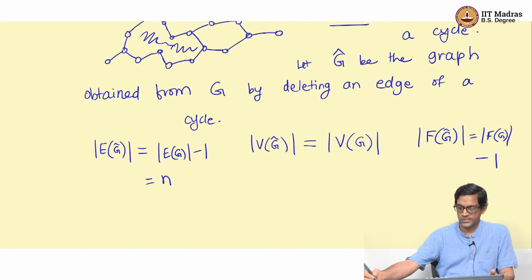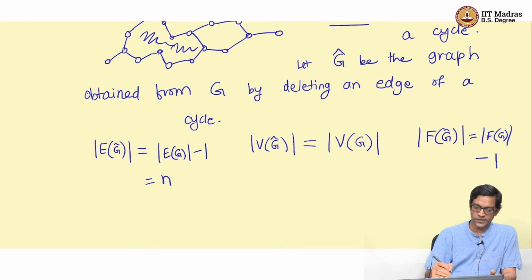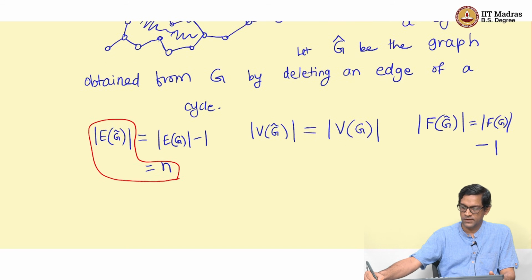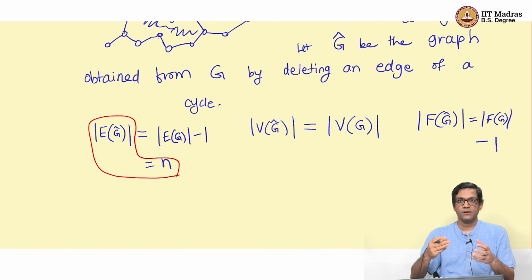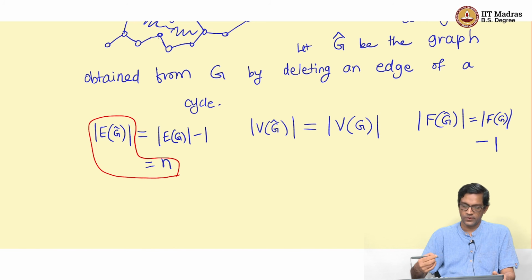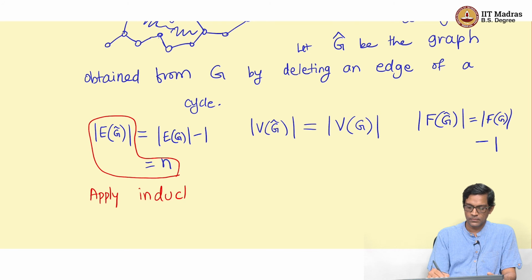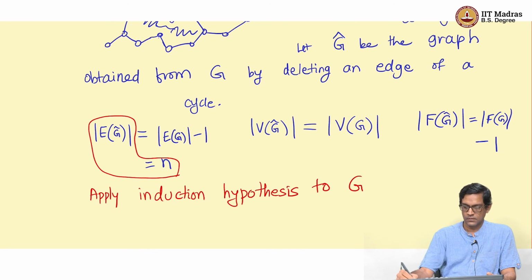Okay, so now in a sense we are ready to apply the induction, because G hat has only n edges, so you can apply the induction hypothesis. And if you observe, G hat and G, how do they differ? They have the same number of vertices, one less edge and one less face. Okay, so now apply the induction hypothesis to the graph G hat.